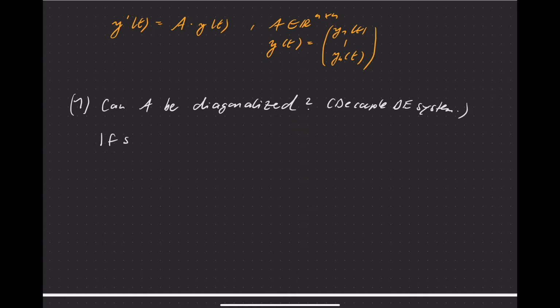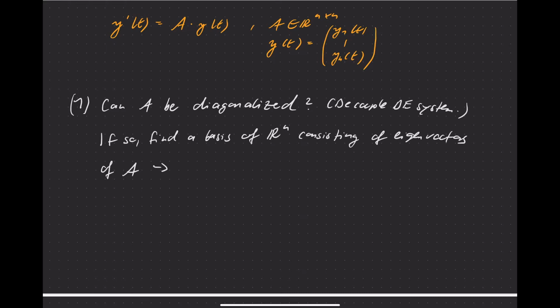If so, then we find an eigenvector basis of A. Find a basis of R to the n consisting of eigenvectors of A, and also the corresponding transformation matrix. Oh, S, sorry. Let's call this matrix S.